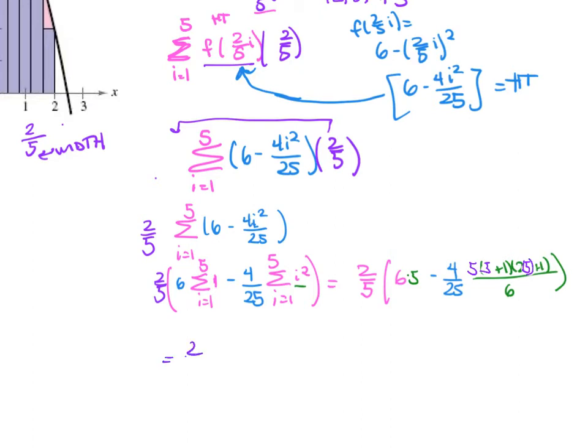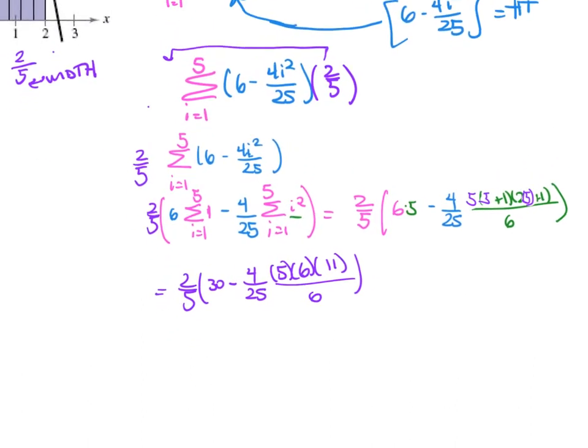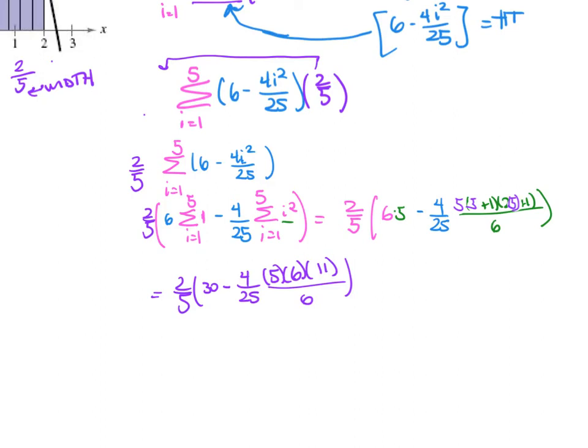Now let's simplify this a little bit more. So this is going to be 2/5 times 6 times 5, which is 30, minus 4 over 25 times 5 times 5 plus 1, which is 6, times 2 times 5 is 10 plus 1 is 11, all over 6. And then we just keep on simplifying, right? It's the algebra involved in this. So 2/5 times 30 minus 4. I'm going to reduce: 5 goes into 25 5 times, and I can cancel out this 6 here.